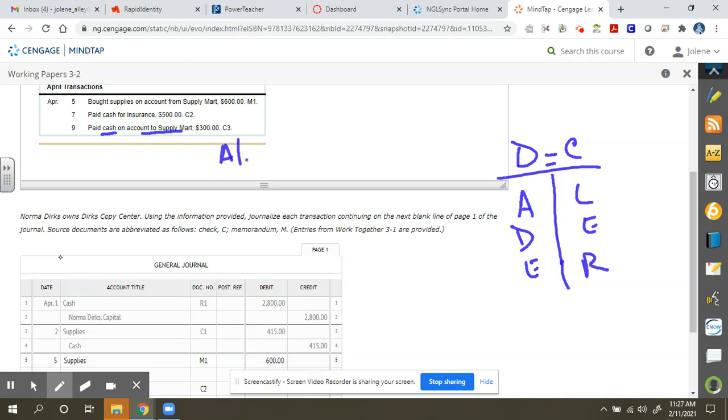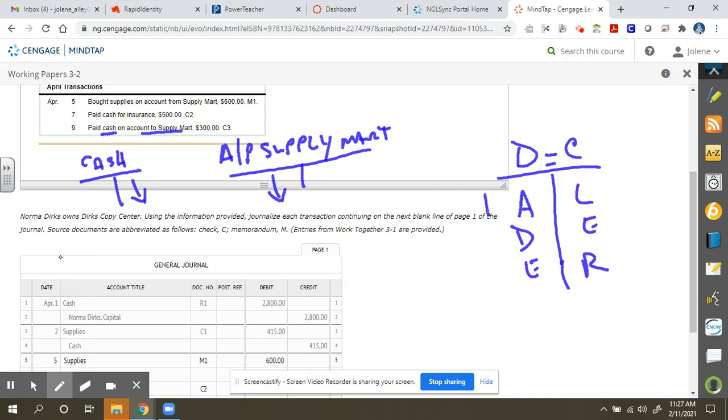So we have accounts payable for Supply Mart. We just used it here on the 5th to buy some supplies, and we said we'd pay them back later. Well, the other one is cash. Okay, it says $300. Paid cash. So cash is going down. Well, accounts payable is going down too.